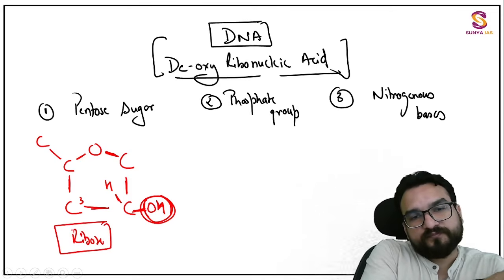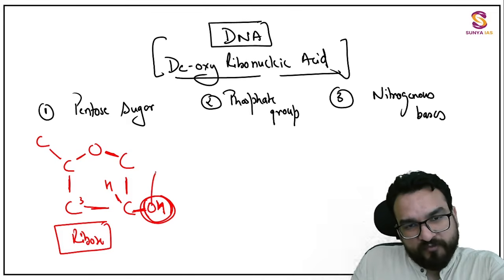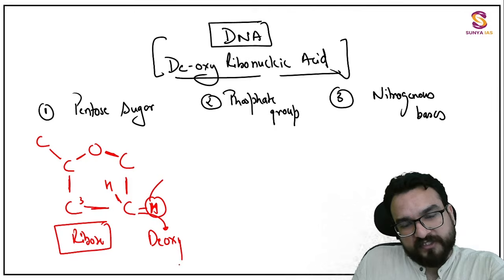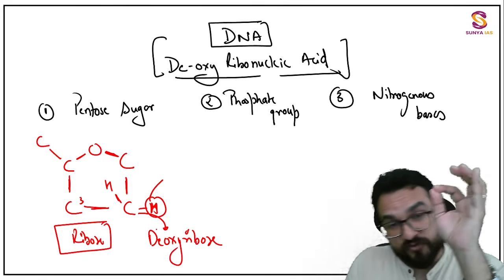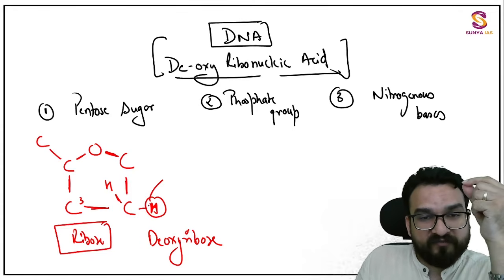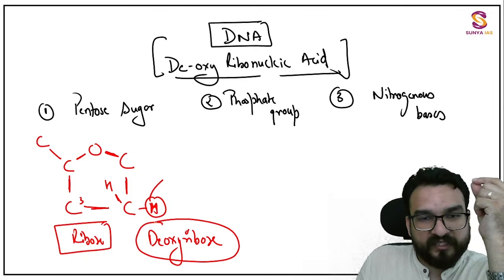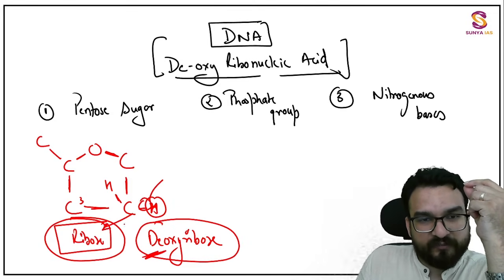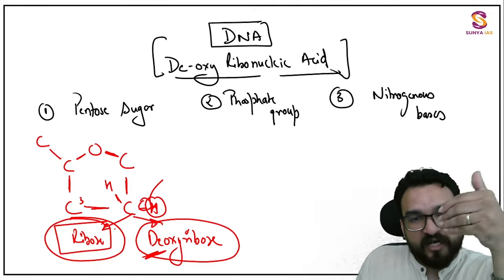Whereas if you remove this O from here, that means now C will only be attached with H, not OH. Oxygen has been removed. That means this is now deoxyribose. And this is the major difference. When I have removed O from here, it becomes deoxyribose. And when OH is present, it is a ribose. Okay, that is how you will find it.